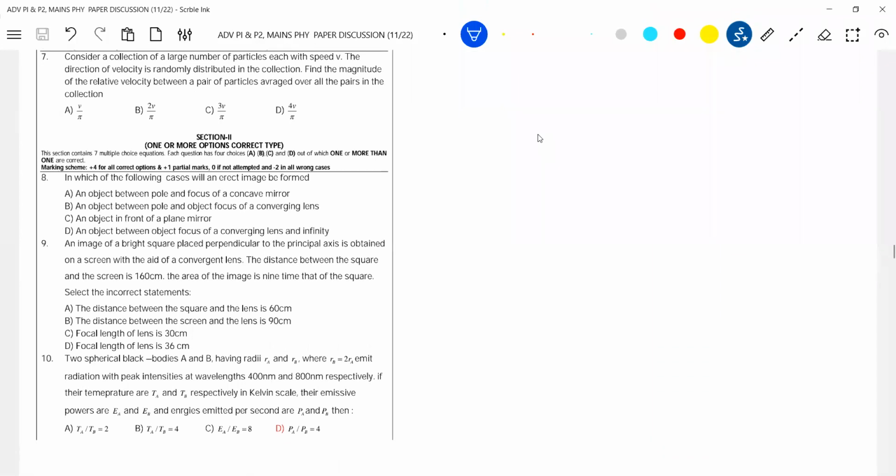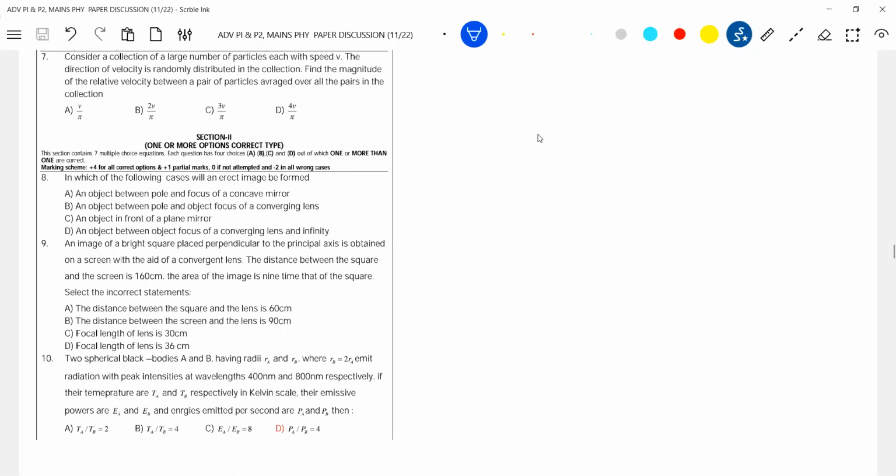Look at question number 7. Consider a large number of particles, each with speed v. The direction of velocity is random in the collection.